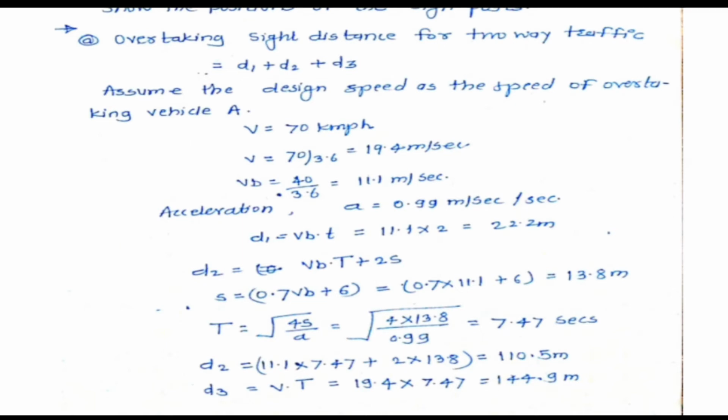Now substituting the values of s and t into the formula VB multiplied by t plus 2s, we get 11.1 multiplied by 7.47 plus 2 into 13.8. So d2 equals 110.5 meters, and d3 equals v multiplied by t, that is 19.4 multiplied by 7.47, that equals 144.9 meters.